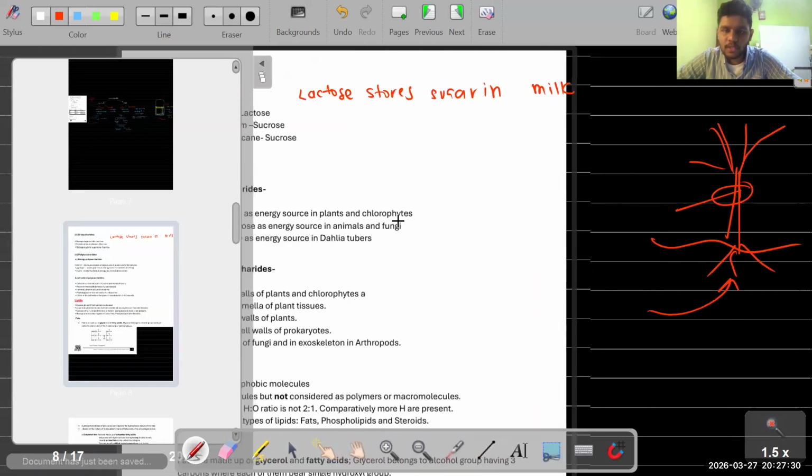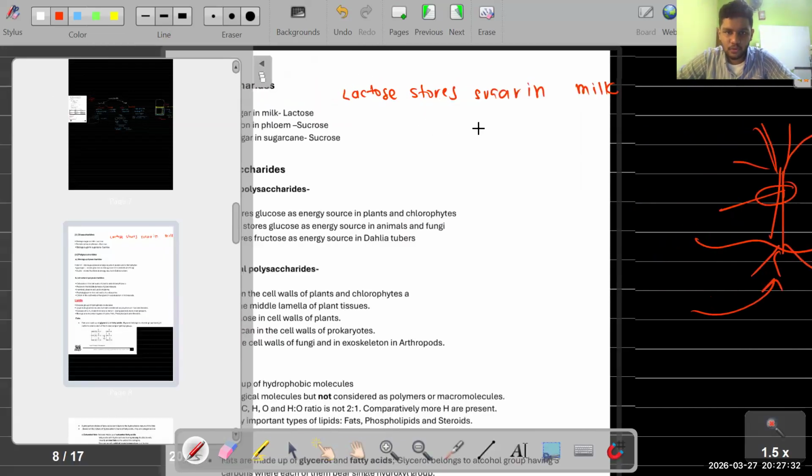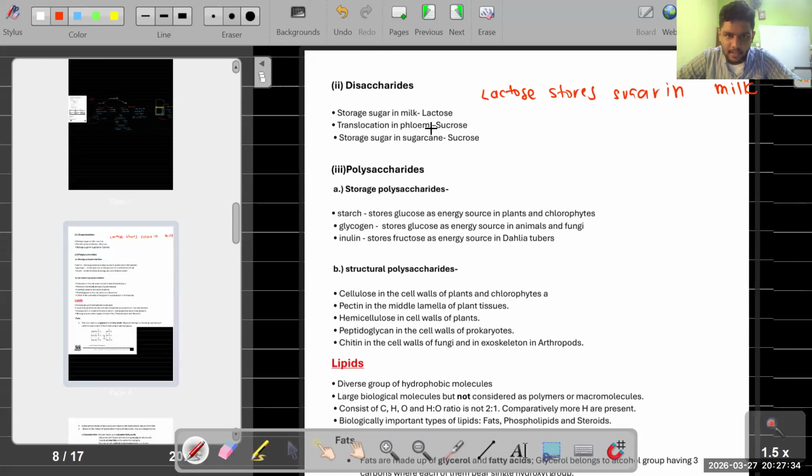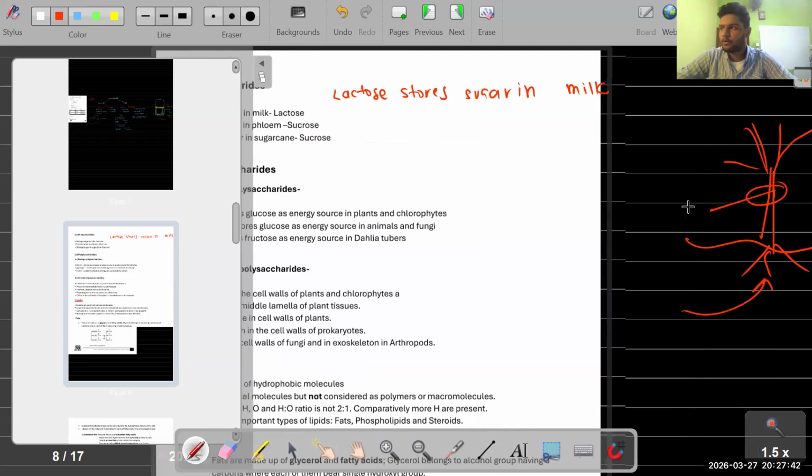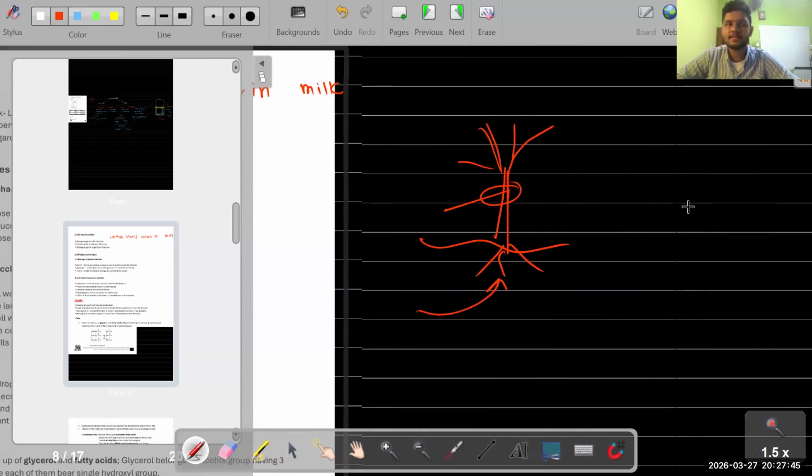So the sugar, now see, sucrose. Translocation in phloem: sucrose is the one that is helping in movement through phloem. Let's take it like this.